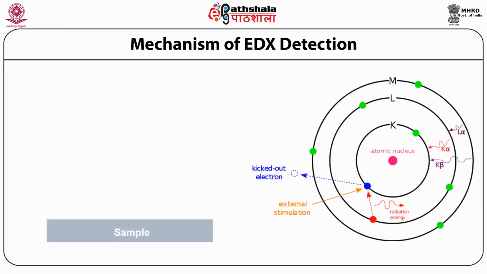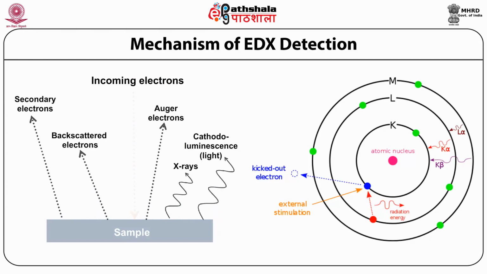Before going into the instrumentation part of the EDAX analysis, we need to understand how EDAX works. Images corresponding to the electron microscopic radiations and the transitions in an atom. The slide shows the electron microscopy background.